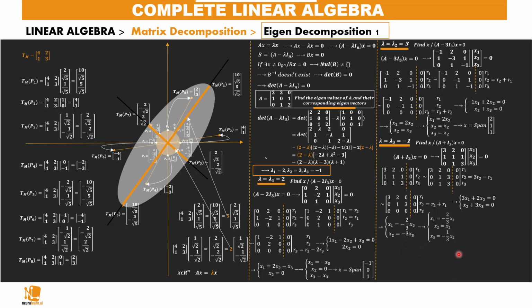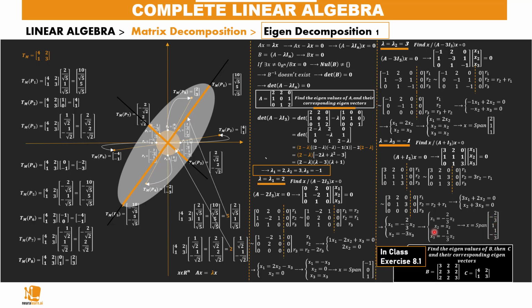But let's just do it this way. Now factoring out x2, we have this vector, which forms a spanning set of all the eigenvectors. So with this vector, we can generate all other eigenvectors with eigenvalue negative 1.